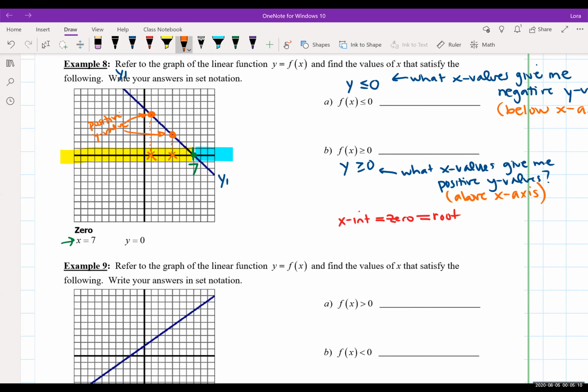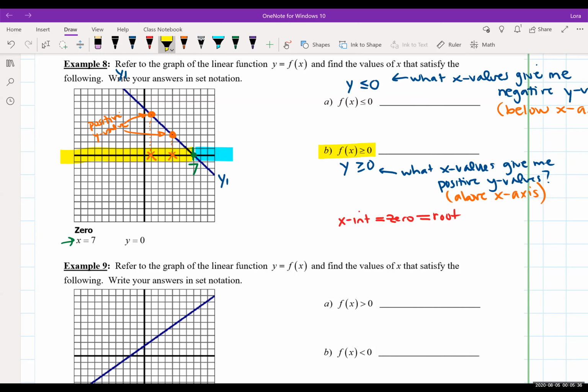So if I'm trying to determine is that part A or part B, I have to go back to my language and say, okay, f of x is positive or greater than 0, means y is greater than 0, and y is greater than 0 when they have positive values. So that would mean part B is the winner in this case.